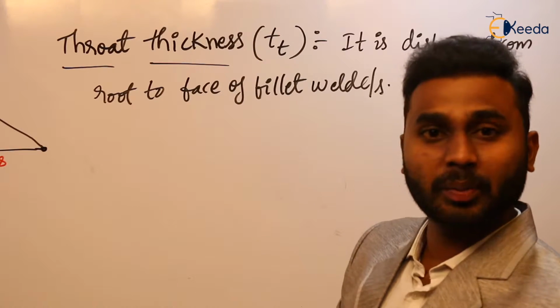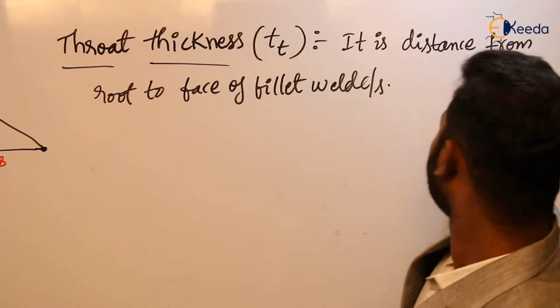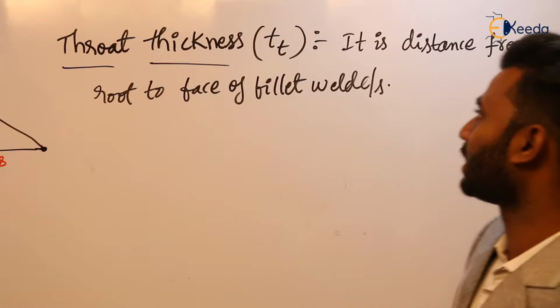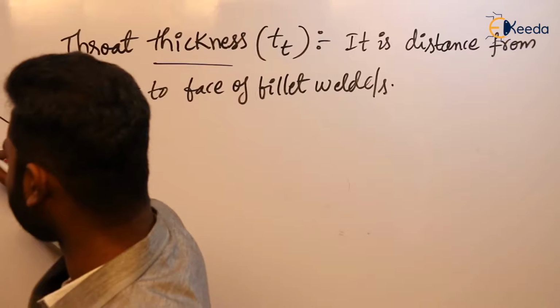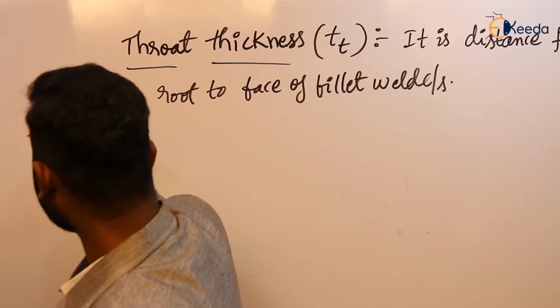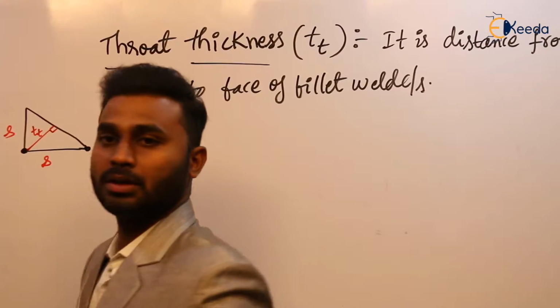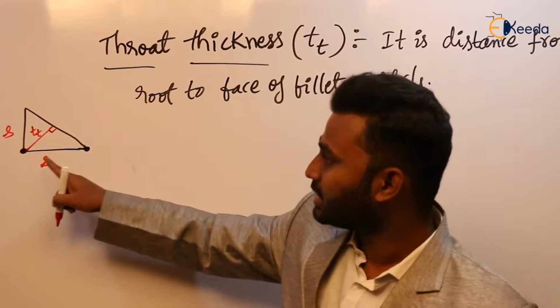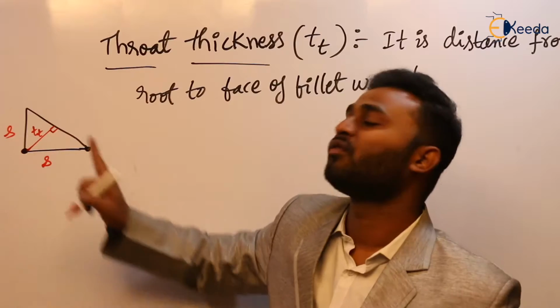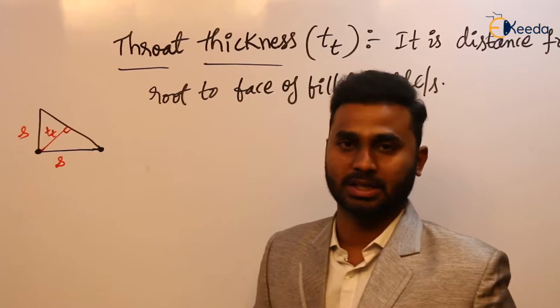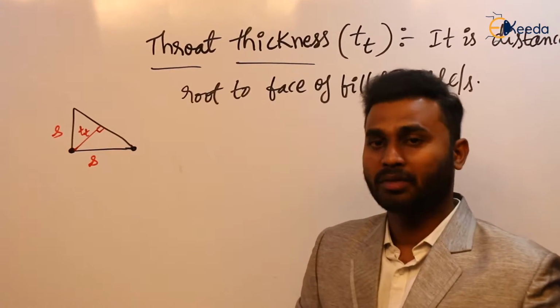Actually, we have to take the perpendicular distance. So this is the root to the face, and this is considered as the throat thickness. That is the definition of throat thickness.